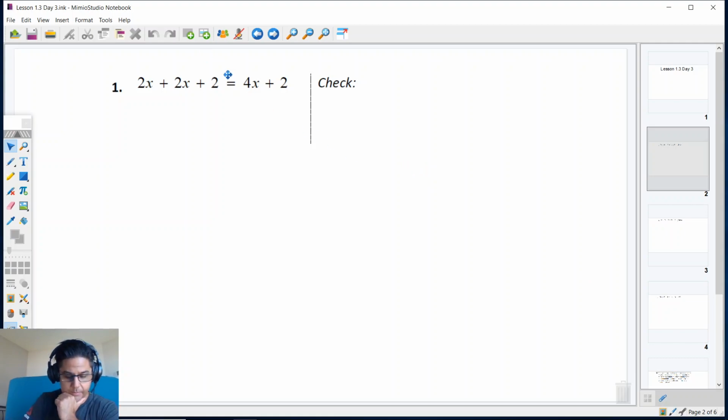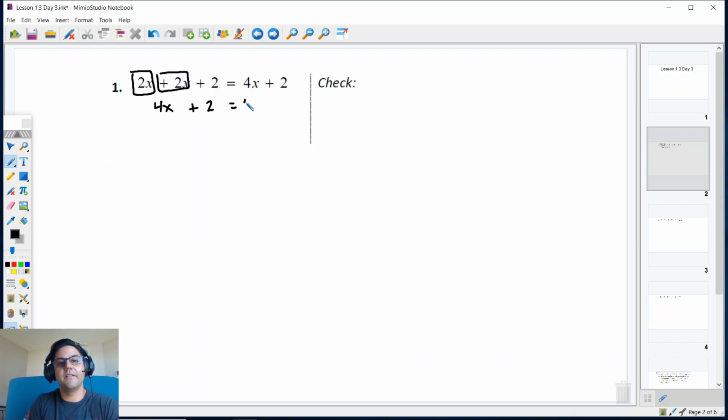All right, so if you remember, our goal is to simplify our problems first. On problem number 1, I notice on the left side I've got like terms, so I'm going to combine them. 2x plus 2x is 4x plus 2. Wait a minute. Whoa. 4x plus 2 equals 4x plus 2.